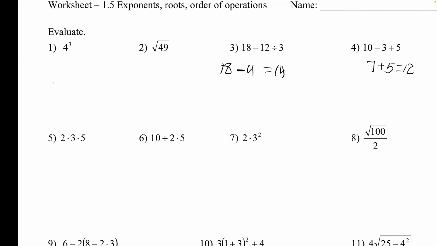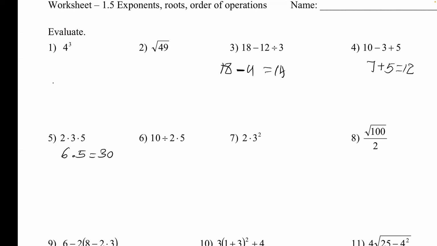Now, number 5. This is all times. 2 times 3, 6. 6 times 5 equals 30. Number 6.